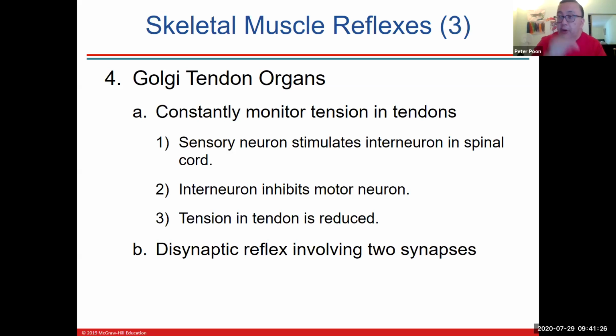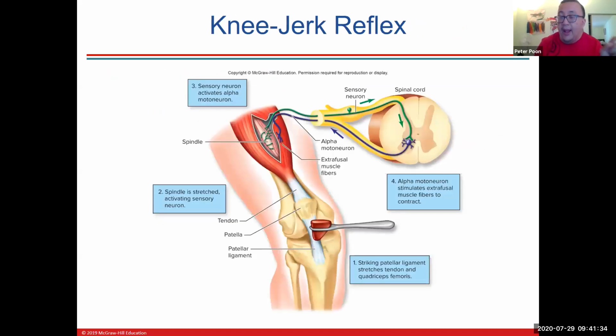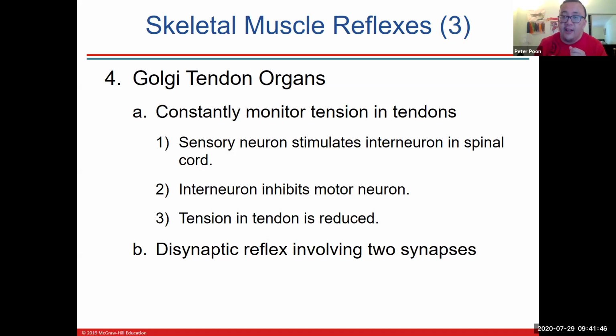If I put another book on you, you can hold the other book. Those changes are mediated by the alpha and gamma motor neurons. The gamma neuron stretch causes the alpha motor neurons to contract more, so you're holding a heavier thing. Golgi tendon organs don't care about any of that.